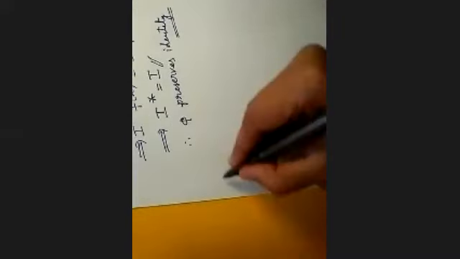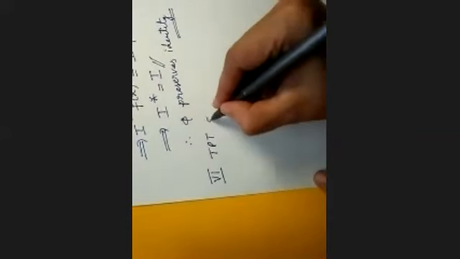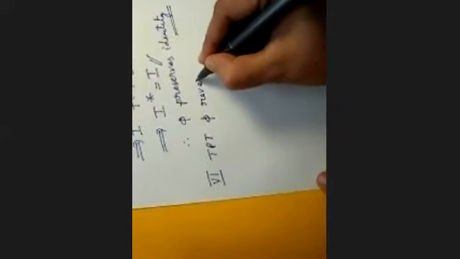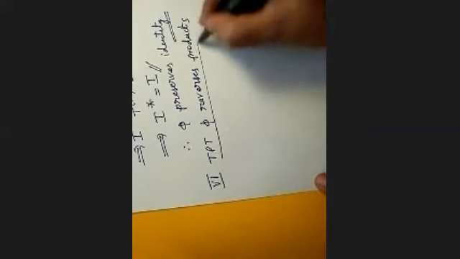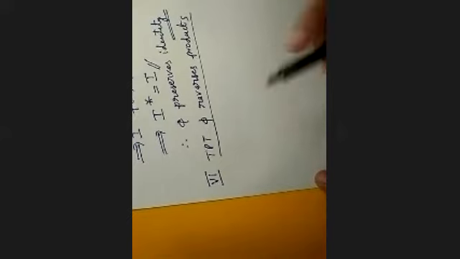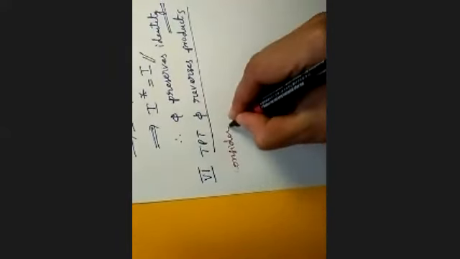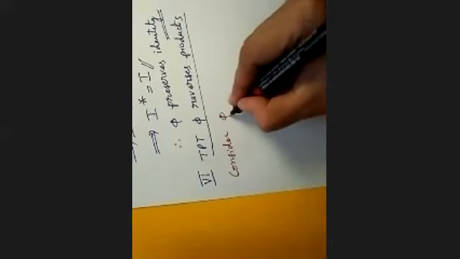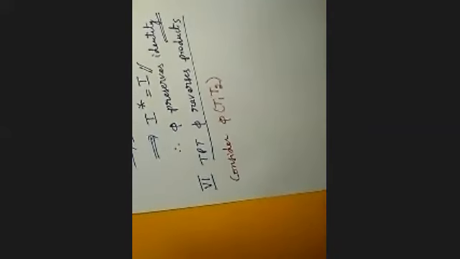Okay, now the last step, the sixth step, to prove that phi reverses product. Phi reverses the product. So let us take two operators, T1 and T2. Consider phi of T1 T2. I'm taking the product of two operators, T1 and T2.